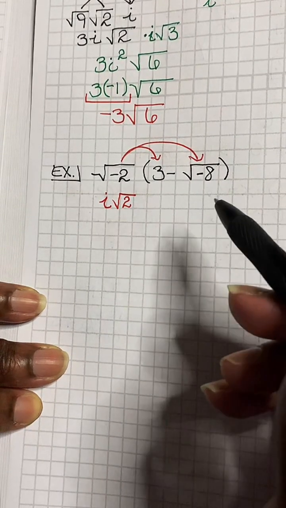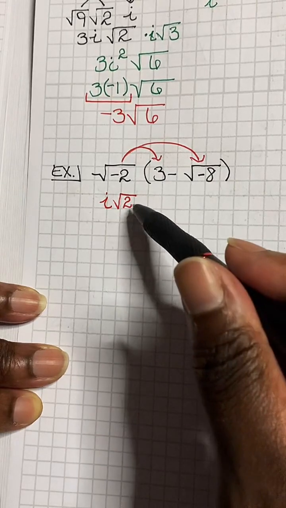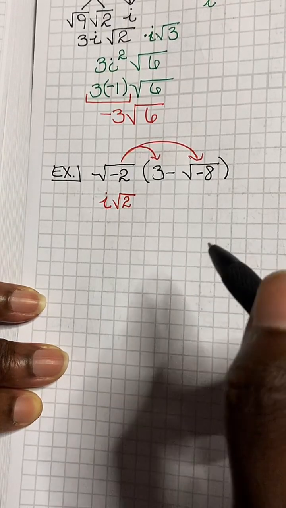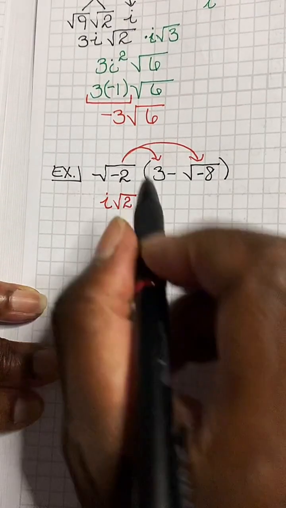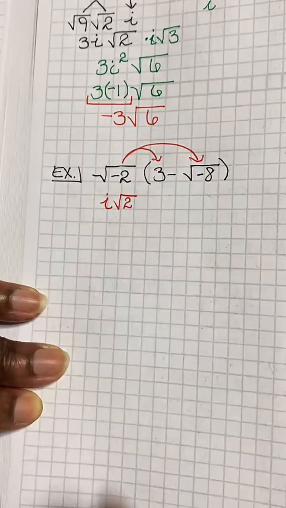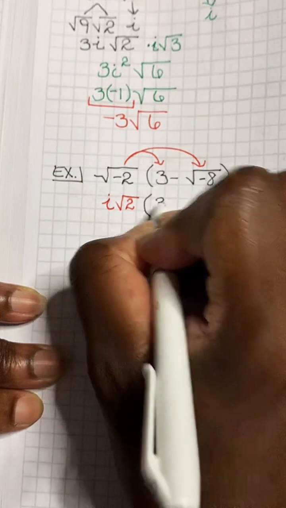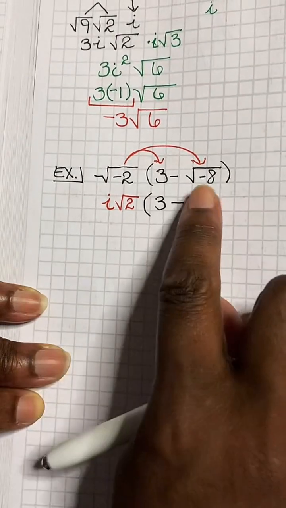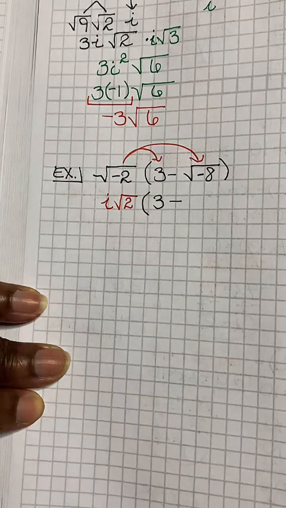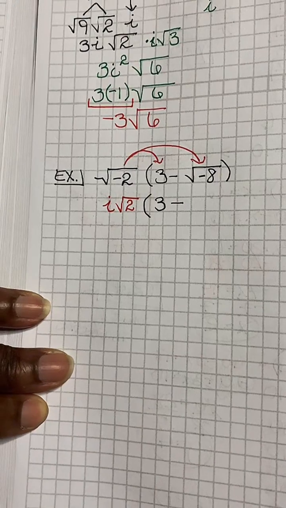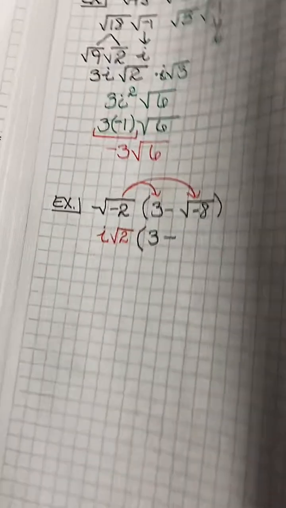Believe it or not, 2 is a prime number. Okay? So if we translate that, then we'll have our times 3 minus, and we're going to break down the square root of 80. Now, we broke down the square root of 8 already. I think we did. Felt like we did.